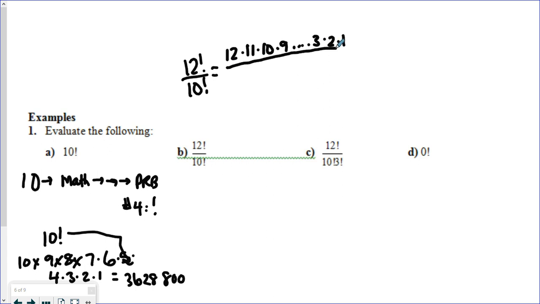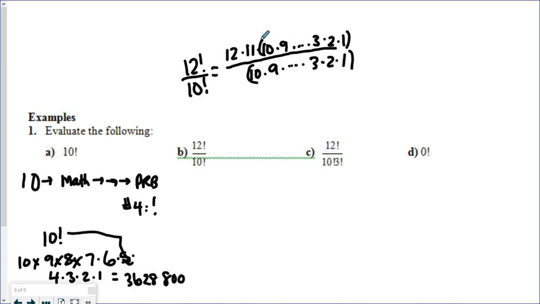This one, 10 factorial, is 10 times 9 times everything until you get to 3 times 2 times 1. So what you'll see is on the top we have 10 times 9 times 8 times 7 times 6, and so on. And on the bottom we have that same thing.